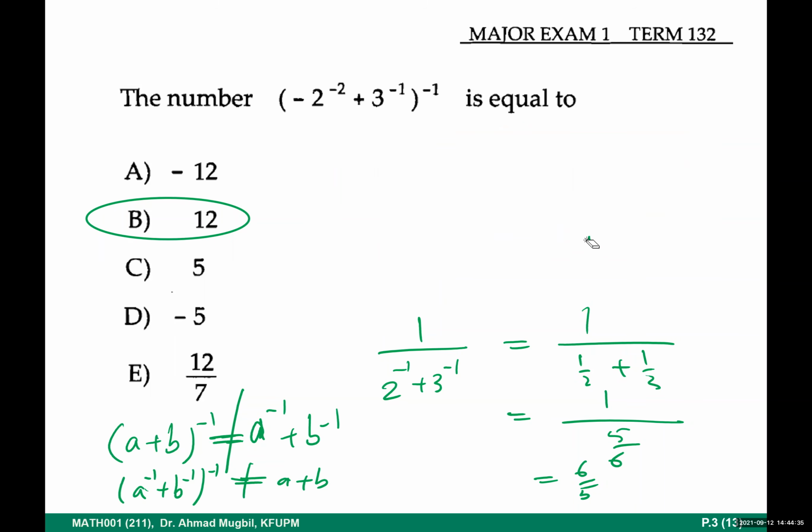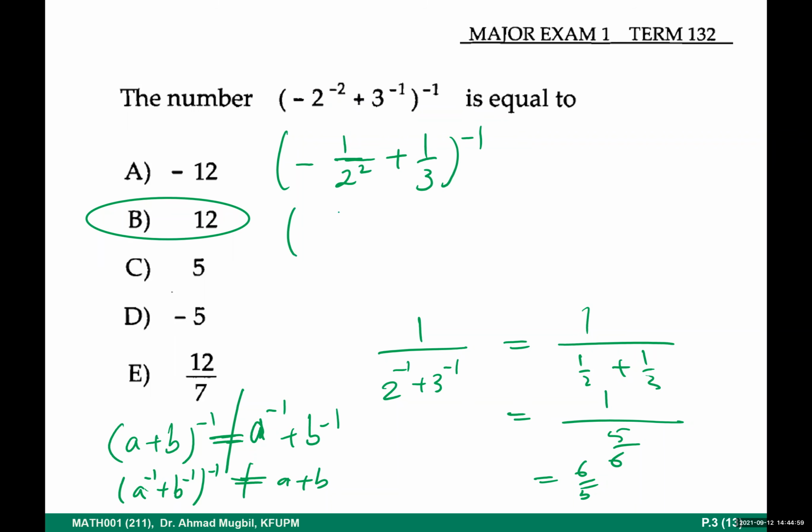Now let's see how to solve this, ya shabab. So here, again, the negative sign is not in the base. The base is 2. So this is negative 1 over 2 to the power 2 plus 1 over 3, all to the power negative 1. Now we are following, of course, the order of operations, starting by what is inside the brackets if we can simplify.